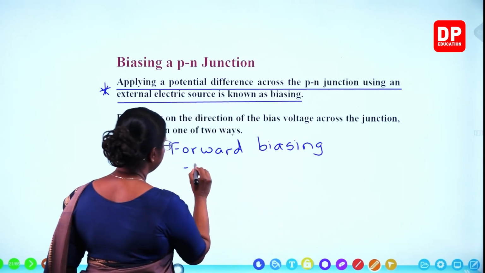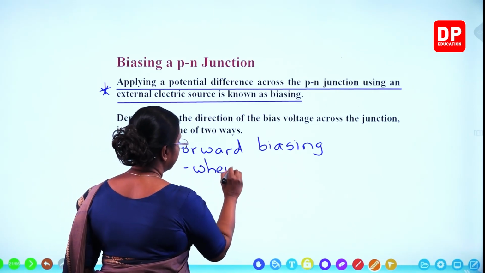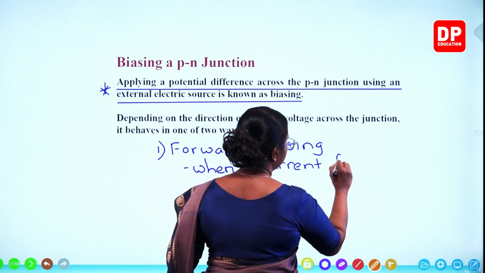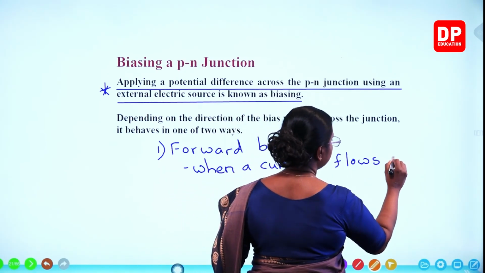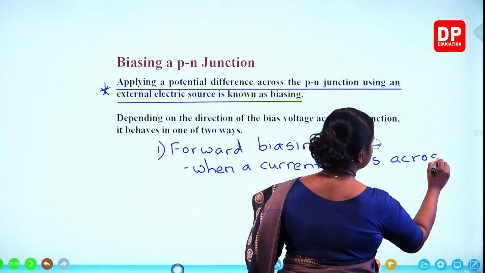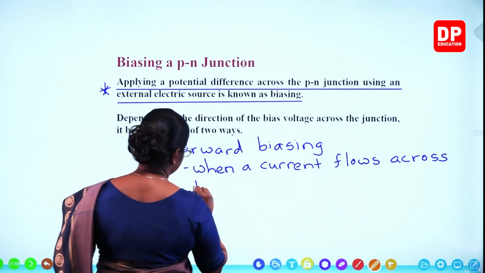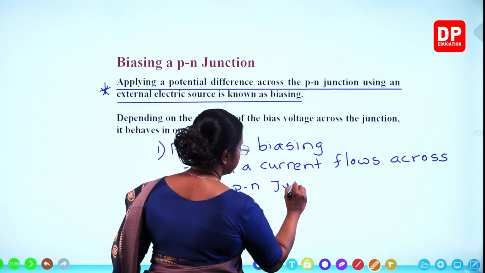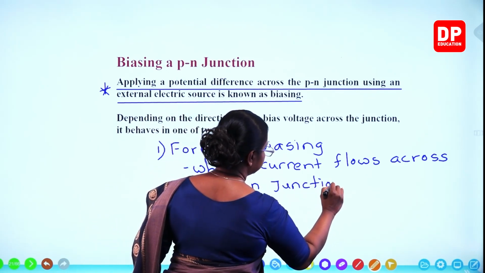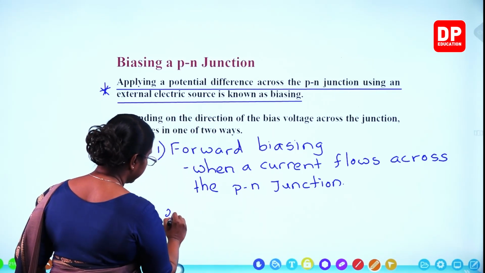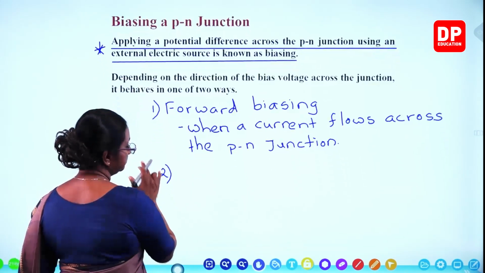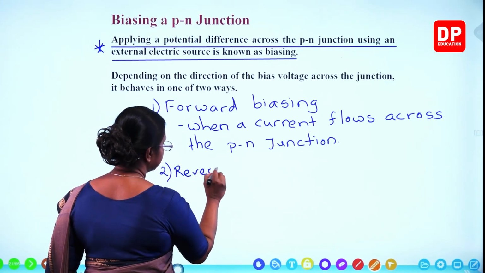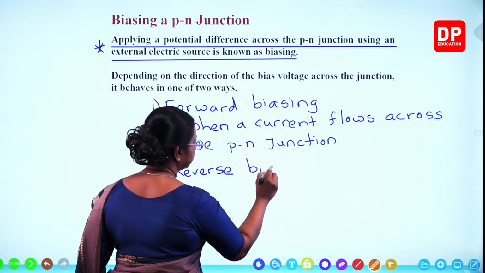Forward biasing is when a current flows across the PN junction. And the second method is known as reverse biasing.